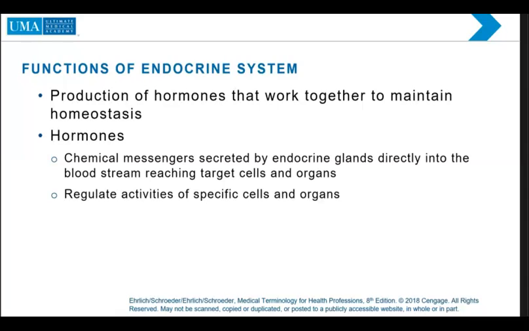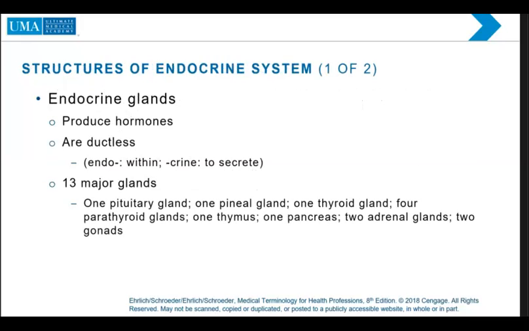They help regulate activities of specific cells and organs. Your endocrine glands produce hormones, and they are ductless. You see there that endo means within, crine means secrete. So that is for your endocrine system and also your endocrine glands.